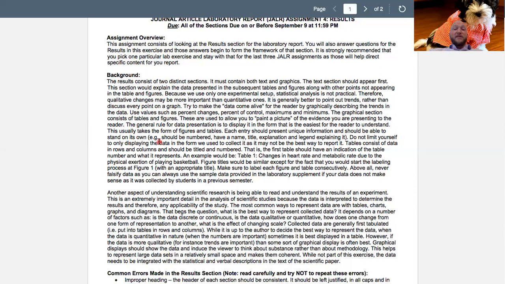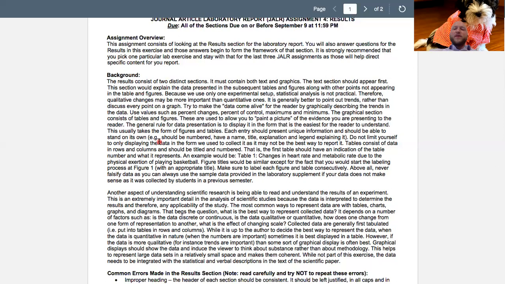I'm going to repeat that. This is a common mistake, a common reason that people miss points in the final write-up. Tables and graphs should be able to stand alone, meaning if you remove them from your final write-up, a person could still understand what was going on in that table or graph. Meaning there's a title. It's labeled Table 1.